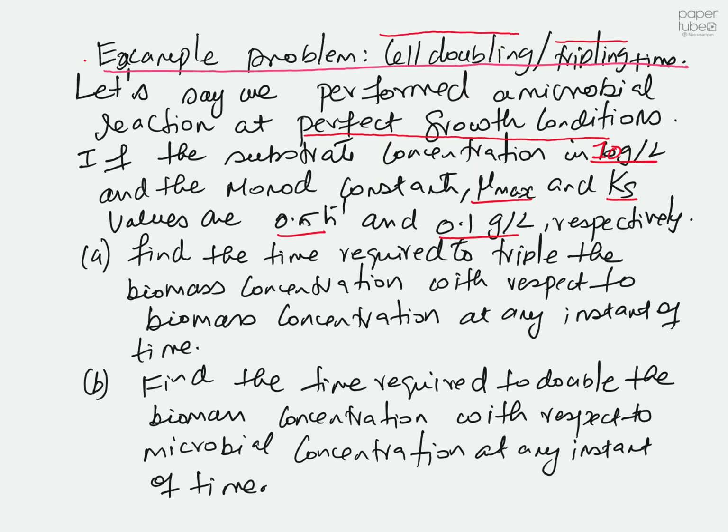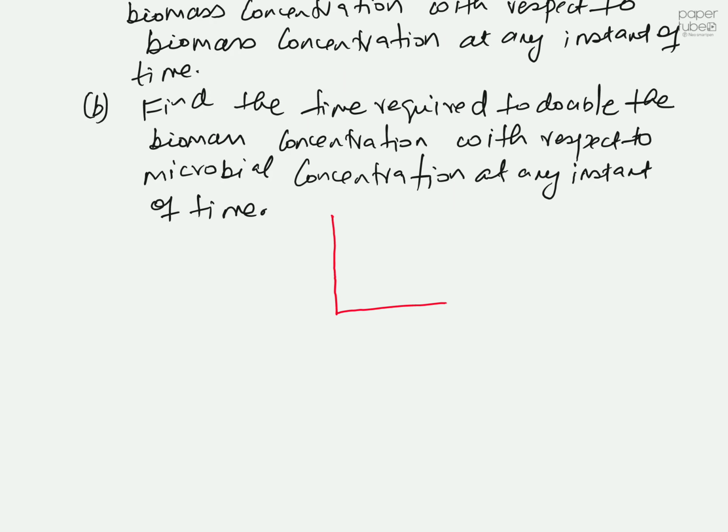What I ask you to find is the time required to triple the biomass concentration with respect to the biomass concentration at any instant of time. What do I mean by that? Say you have a graph of time, expressed in minutes, versus x in grams per liter.